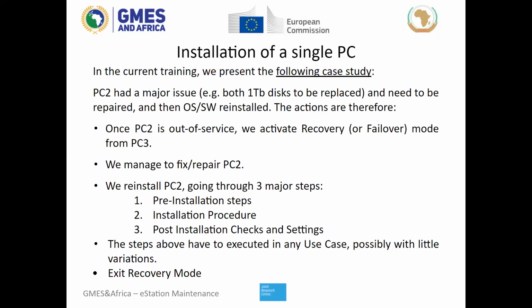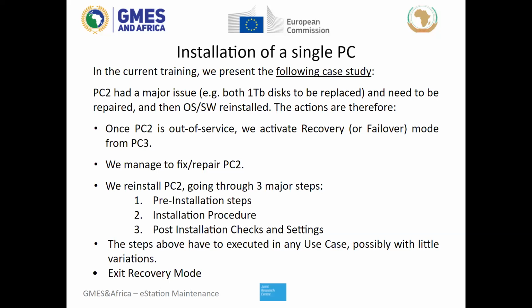So if there is a failure of one hard disk, then the PC will work on the other hard disk. So in case of the failure of both the hard disks, it is necessary to replace the hard disks before you start the installation and to redo things from scratch.